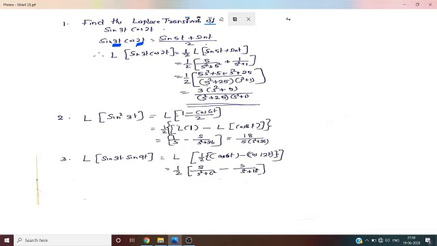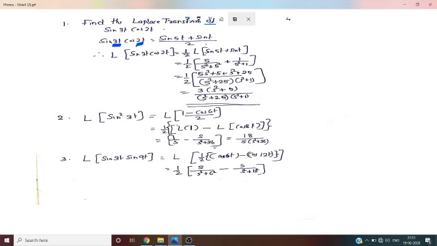This is equal to 1 by 2 into the Laplace transform of 1 minus the Laplace transform of cos 6t. What is the Laplace transform of 1? We have already proved that the Laplace transform of 1 is 1 by s. Minus the Laplace transform of cos 6t is s by s square plus 6 square, that is 36.